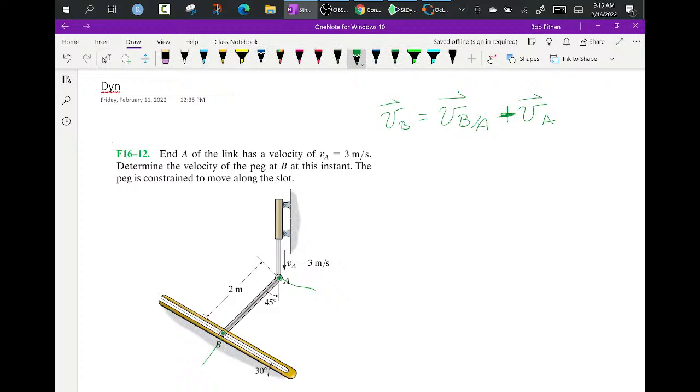Maybe you want to do that, or you could do this: velocity of A relative to B plus velocity of B. Turns out if you stare at this, these are equal in opposite directions.